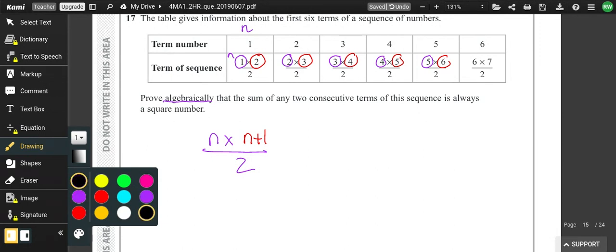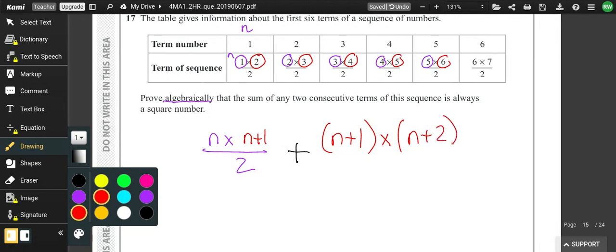And then the sum, so we're going to add that to the next one, is n plus 1 multiplied by 1 more than that, n plus 1 plus 1, n plus 2 over 2.